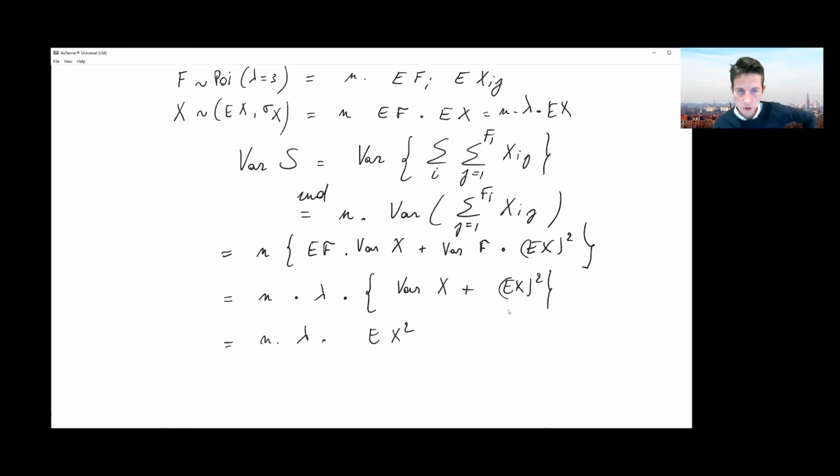Yeah. So then you have your ingredients for the distribution of s, in the sense that you know its expected value, you know its variance. So you can use, for example, a normal approximation, because that's what was requested in the exercise, that you then try to solve a certain condition using a normal approximation for this s. And then, of course, you have to match the moments of s with the moments of your normal approximation.